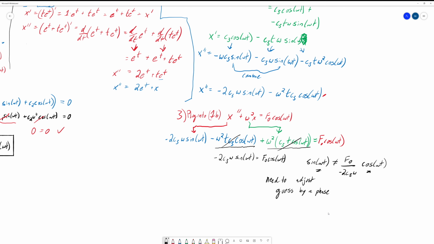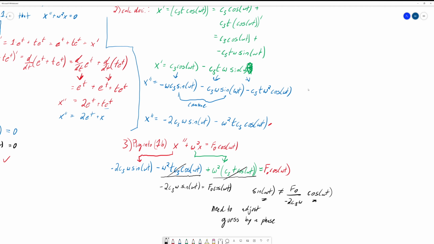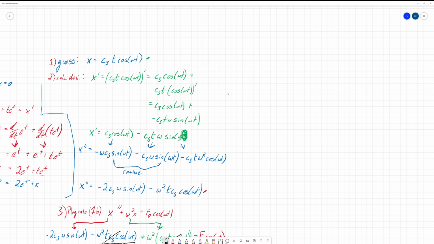So we need to adjust our guess by a phase. But what I mean by that, let's see, I need to think if that's a phase or two phases. But basically, we're going to re-guess.